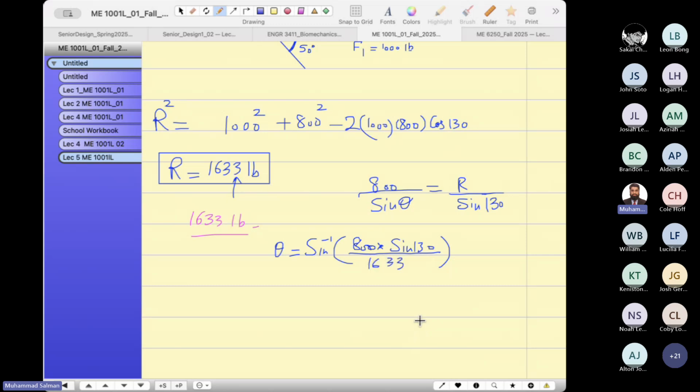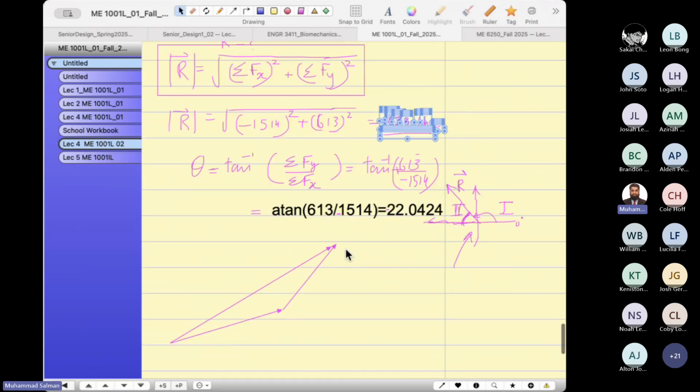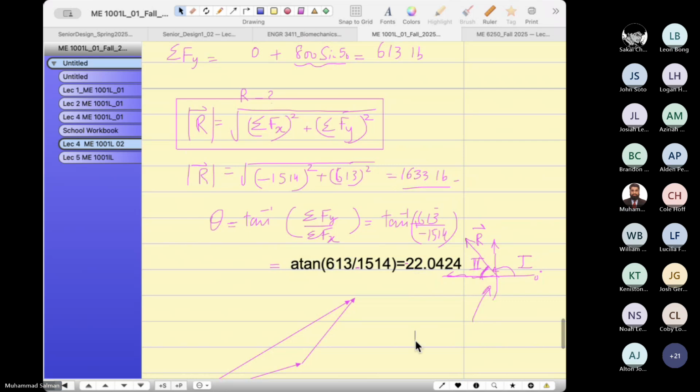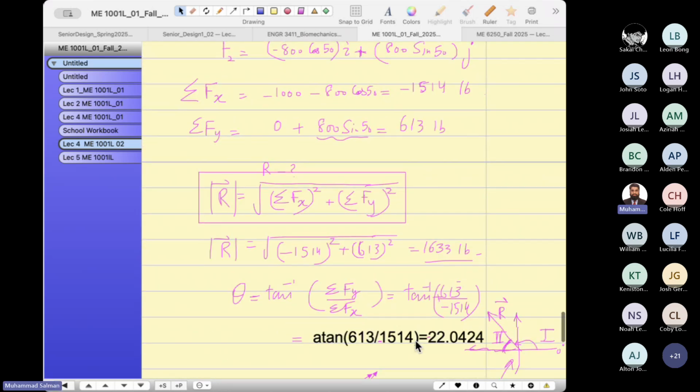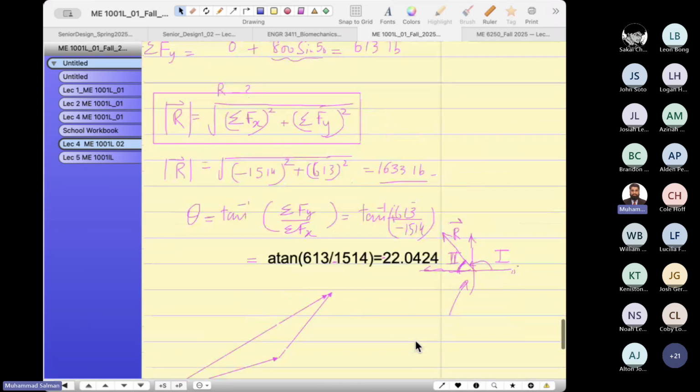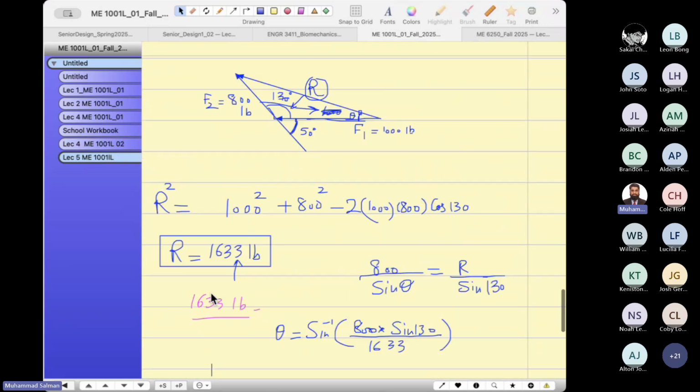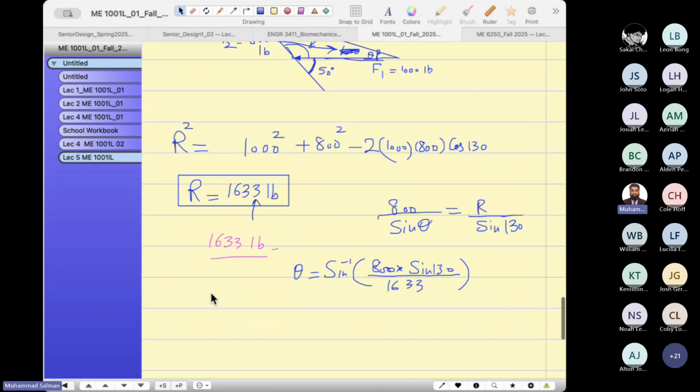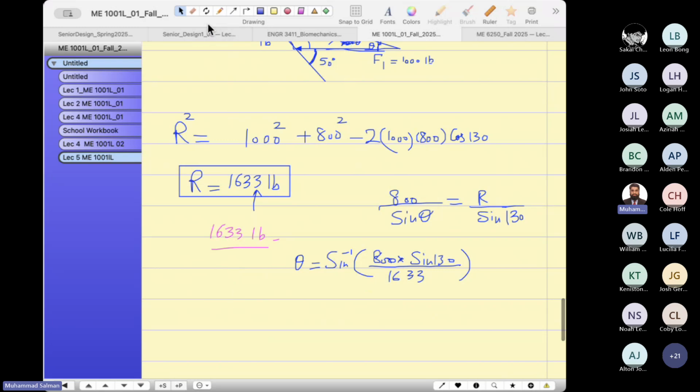Can you open your calculators and see if you get what we got last time? Did we get the angle last time? 22. I want to see whether you get 22 or not. Let me do it on my end too: 800 times sine.